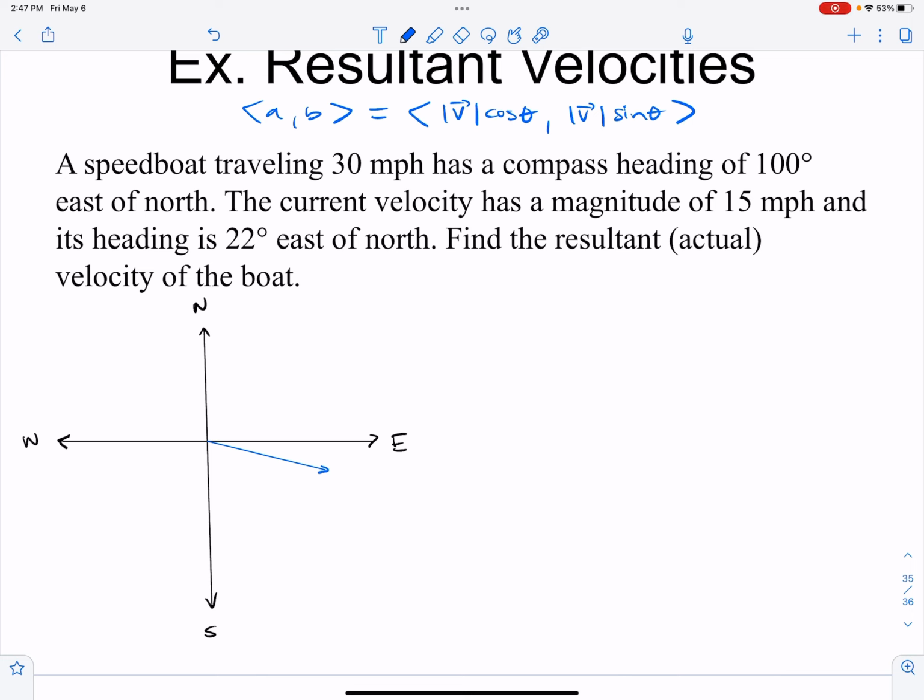So it would be coterminal. We would think of that angle as being about negative 10 degrees. So this angle is actually 350 degrees.